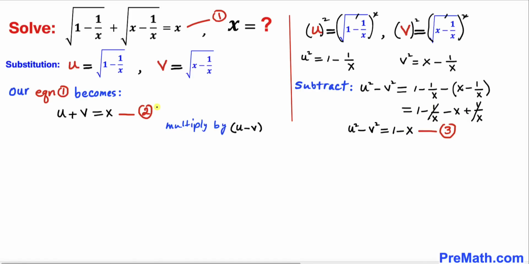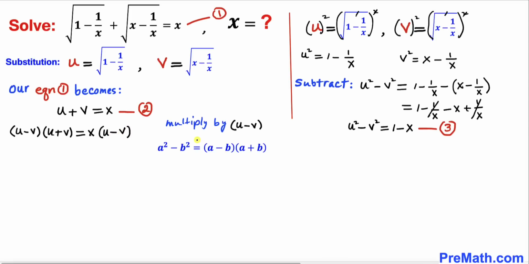And now let's focus back on equation 2. We are going to multiply both sides of this equation by u minus v. So the left hand side is u minus v times u plus v, equals x times u minus v. Now let's recall this famous identity, a square minus b square.